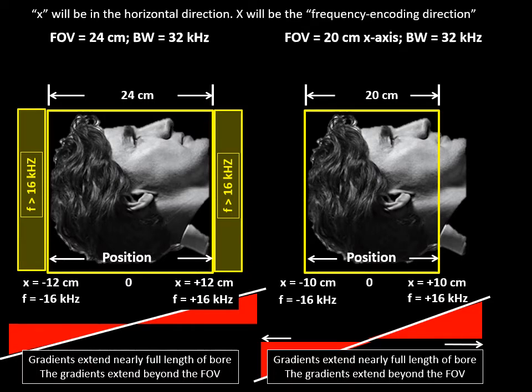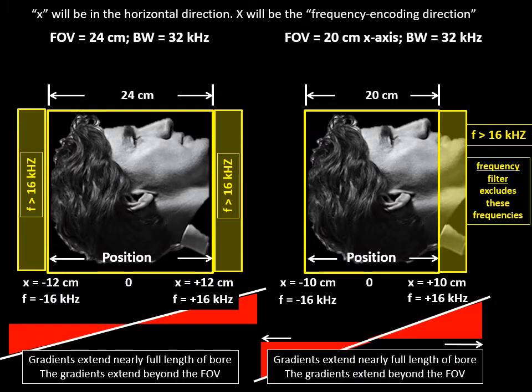So this extra tissue now at the chin end of the head extends beyond the intended field of view and has a frequency of greater than 16 kilohertz. The way the system handles this is that a frequency filter excludes these frequencies from the image reconstruction, and they do not appear in the image.